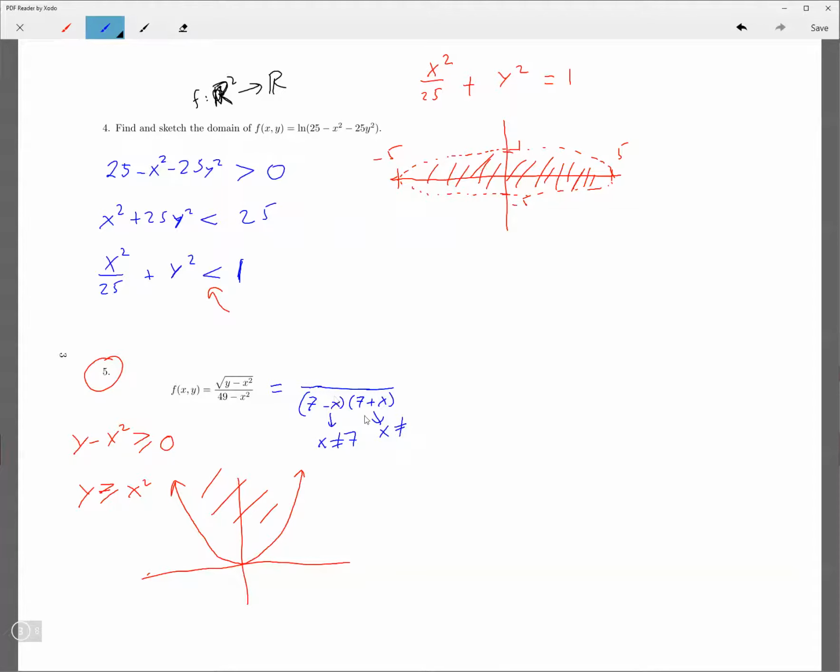These are restrictions that you can't have. So if that's 7 and that's negative 7, then you have to knock out all this part here and knock out all that there. Okay. So it looks like the bottom left is the answer. Okay, good.